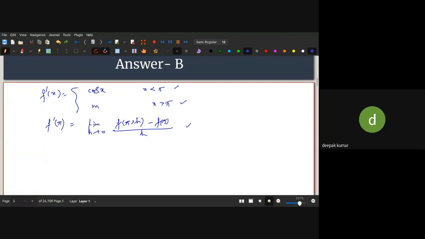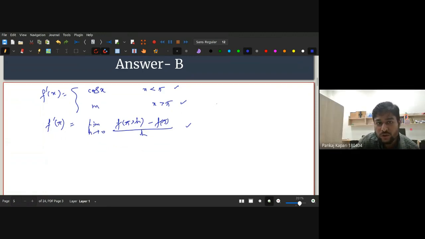So if we know that this f prime is continuous, then you can find it from here also, right?